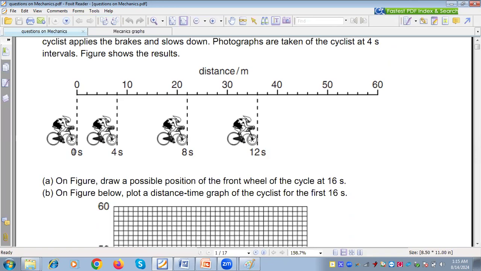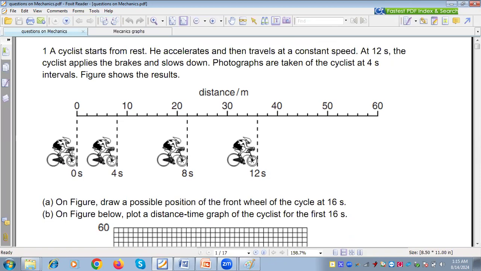At t equals 0 seconds, he starts from rest. In 4 seconds, he has covered 8 meters according to the figure. After 8 seconds, he has covered more distance than before, that is 22 meters, because one small division here represents 2 meters.